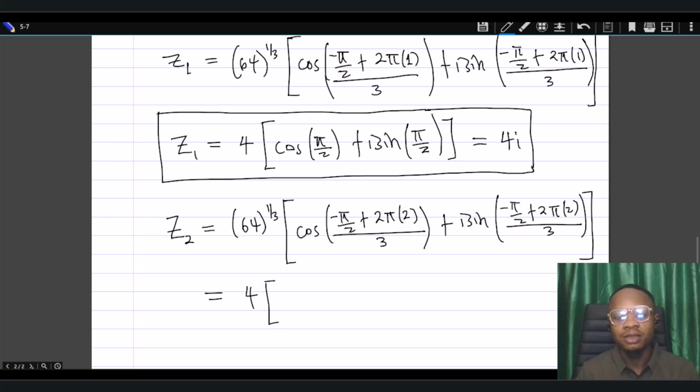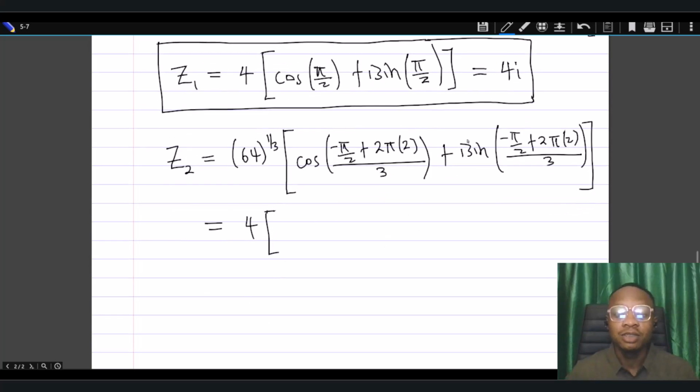into, so let's see what this argument will be. This is 4 pi, so that's 4 minus 1 over 2. 4 minus 1 over 2, that is 8 over 2 minus 1 over 2, that is 7 over 2. Then divide by 3, that is 7 over 6 at the end of the day.